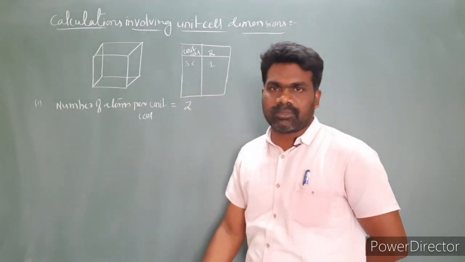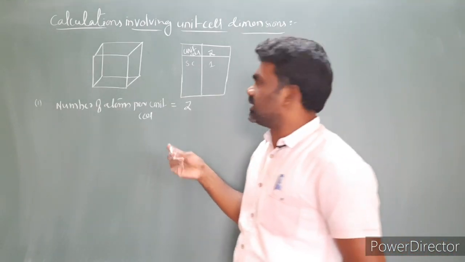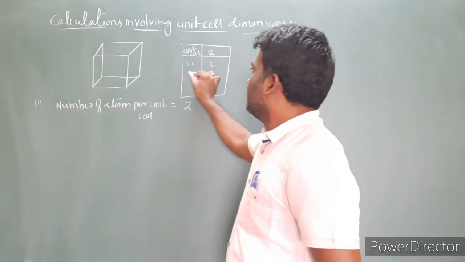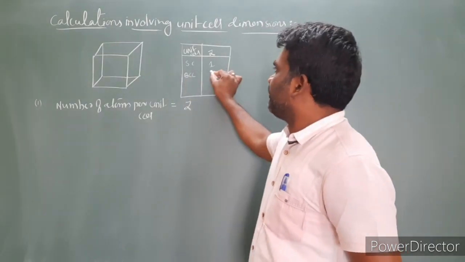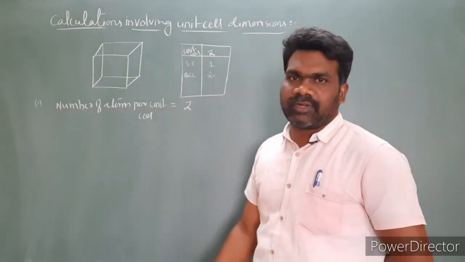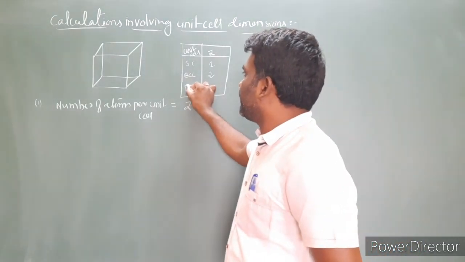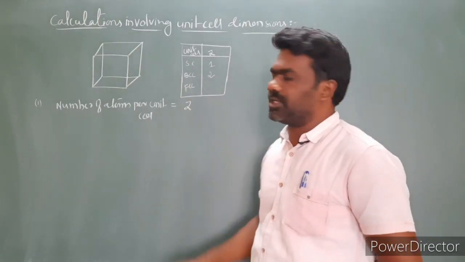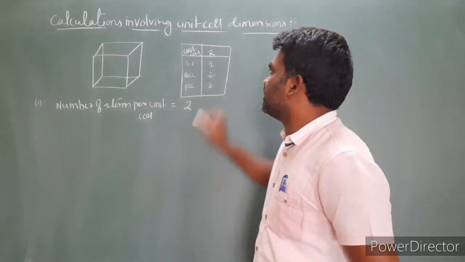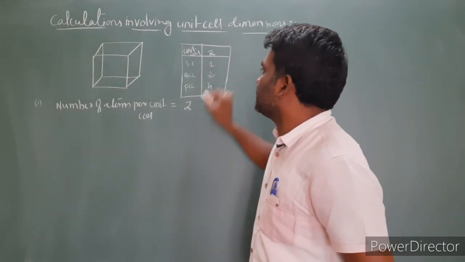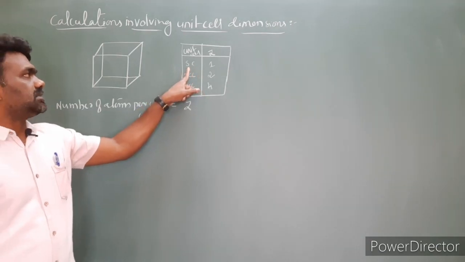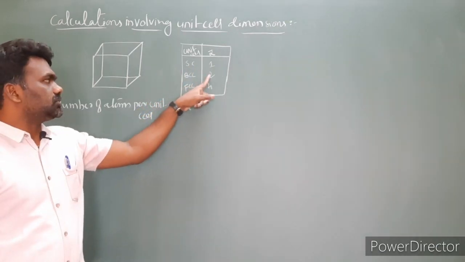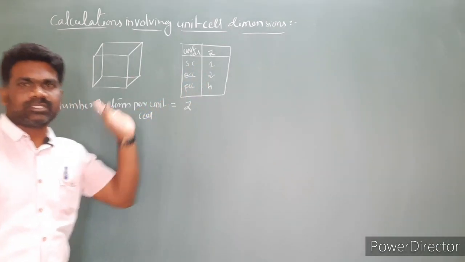Already we calculated the number of atoms in one unit cell. Next I am taking BCC, the body-centered unit cell. The number of atoms we calculated already is equal to 2. Next, the number of atoms in the face-centered cubic unit cell is, sorry, 4. So the Z value is 1 for SC, 2 for BCC, and 4 for FCC. This is the first point.